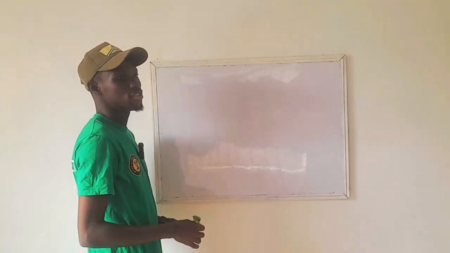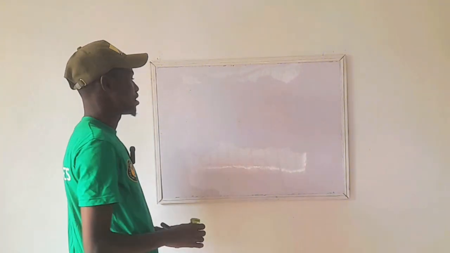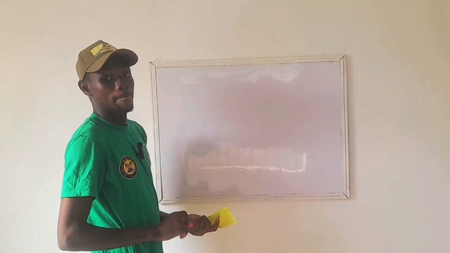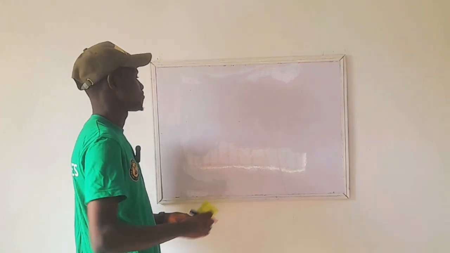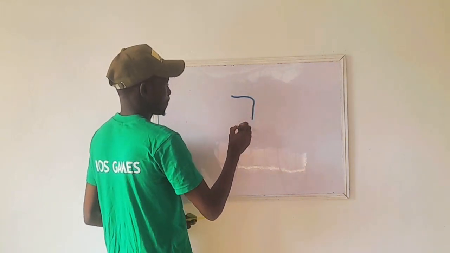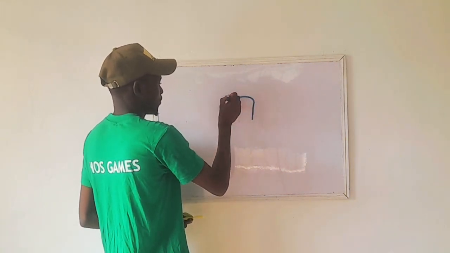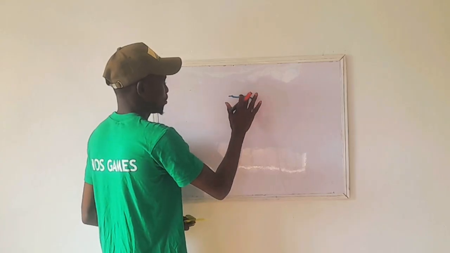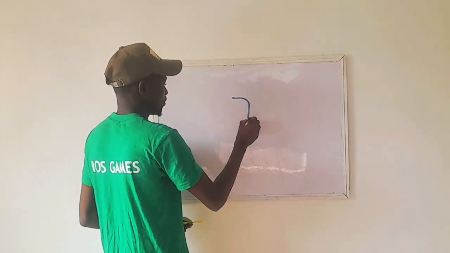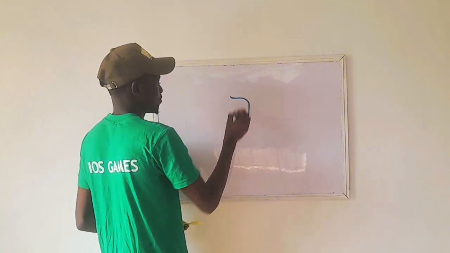After Kof, the next Hebrew alphabet is... I find it a little bit hard to draw, but it's something like this.